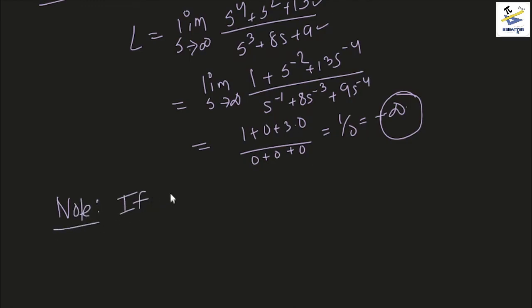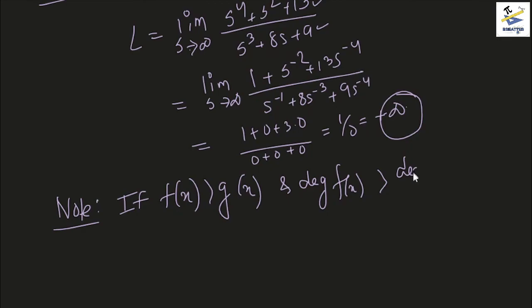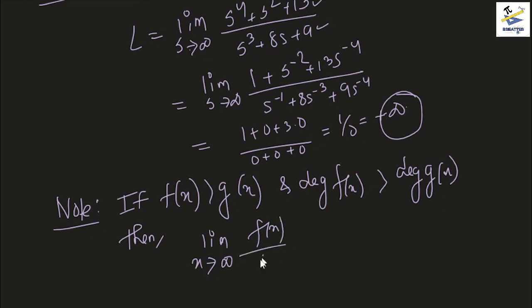If f(x) and g(x) are polynomials and the degree of f(x) is greater than the degree of g(x), then the limit as x tends to infinity of f(x) by g(x) would be equal to the sign of f(x) into infinity.